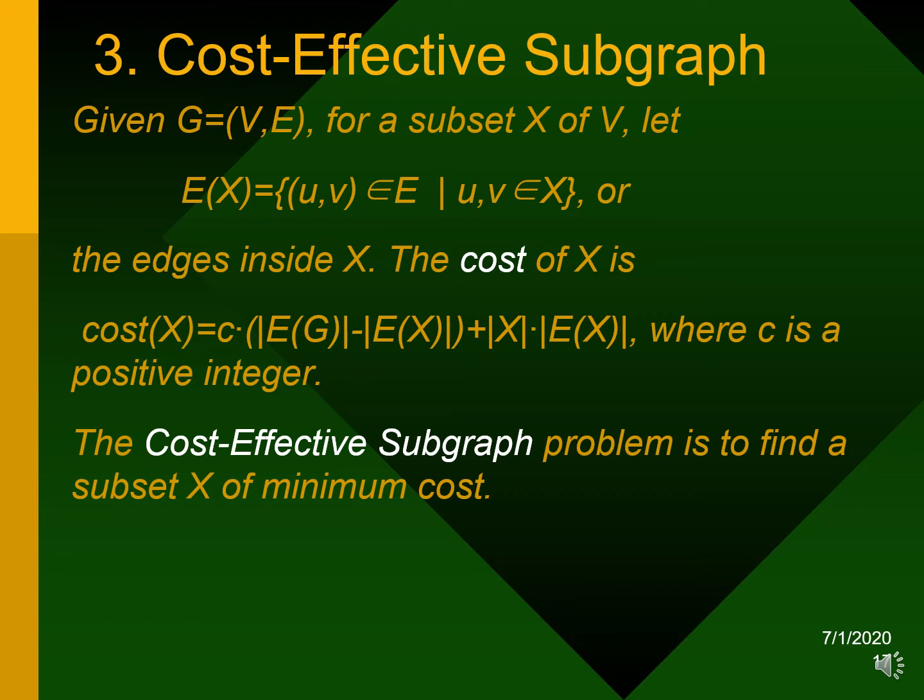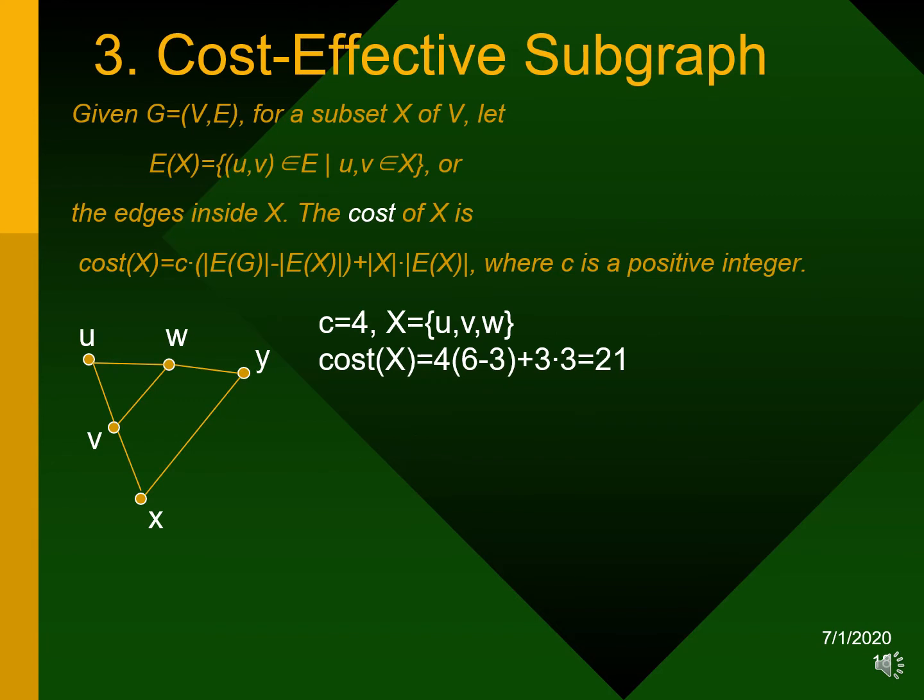So the cost-effective subgraph problem is simply to find a subset X of minimum cost. Here is a very simple example illustrating this problem. Here we have U, V, W, X, Y, a graph with 5 vertices and 6 edges.